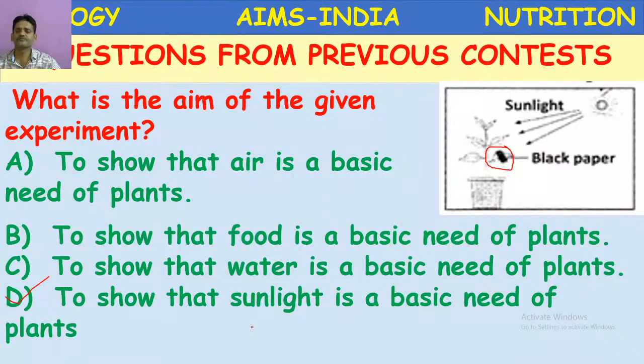One experiment is the variegated leaf experiment. The leaf which I have shown previously is a money plant leaf.